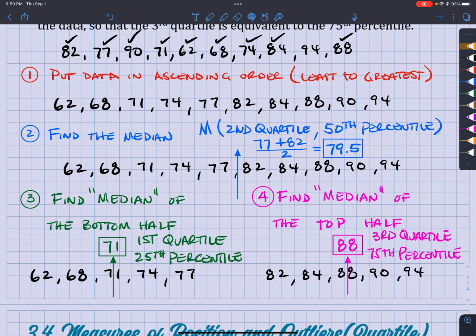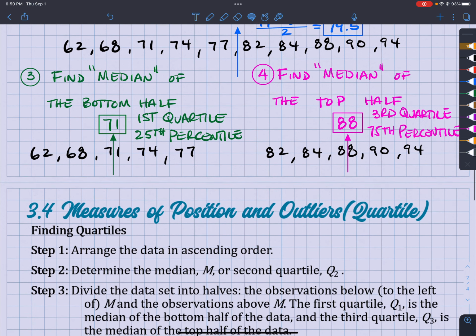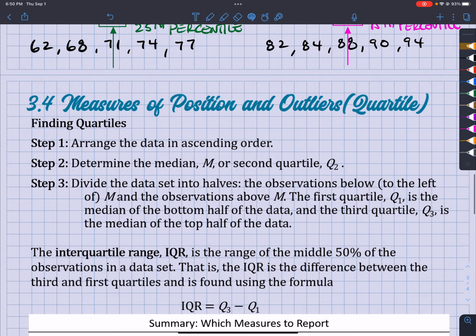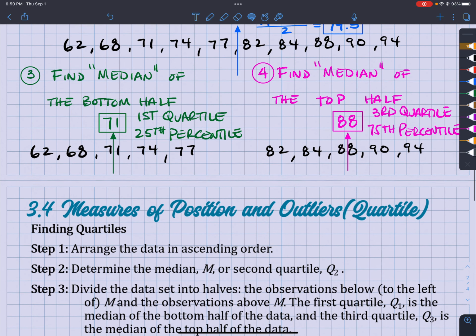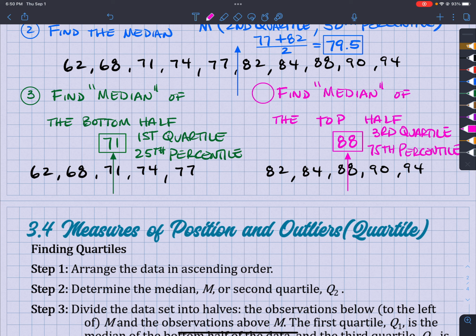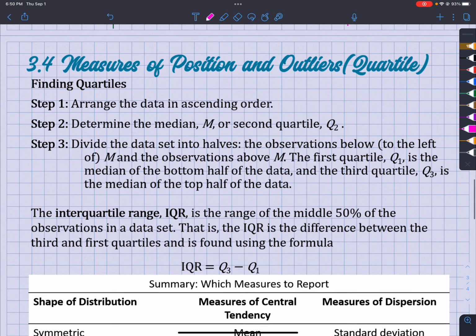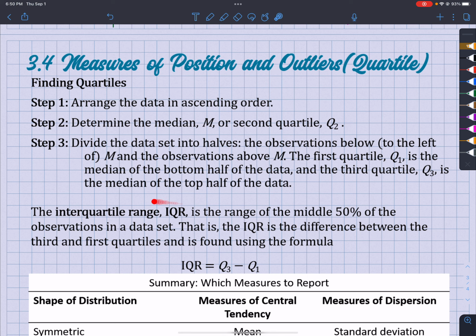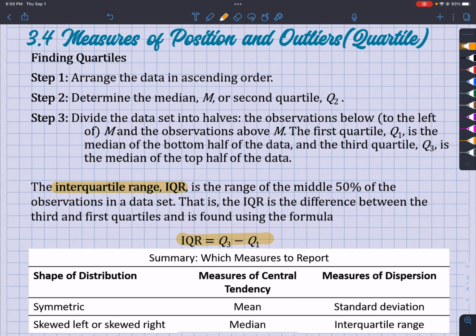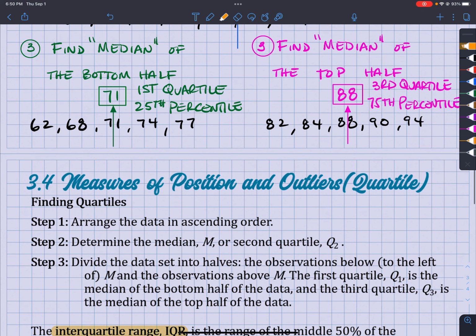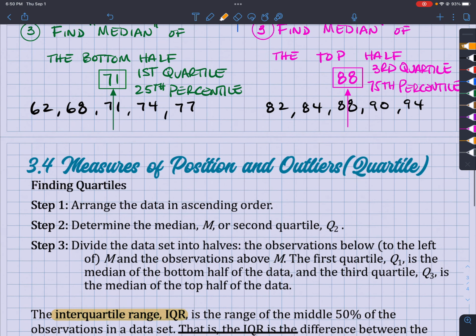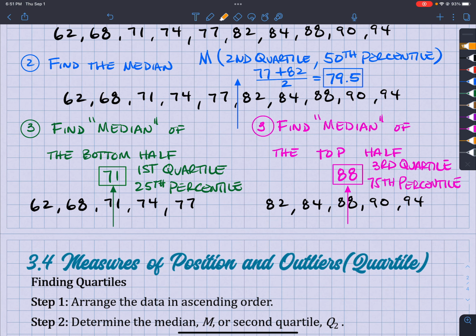Okay, so let's continue on. This is telling you exactly what to do right there, right? So I just went through step 1, 2, and 3. I guess they call this step 3 as well, so we'll call this step 3, part 2. All right, so now let's talk about the interquartile range, IQR. For this particular data, my third quartile is also known as Q3.